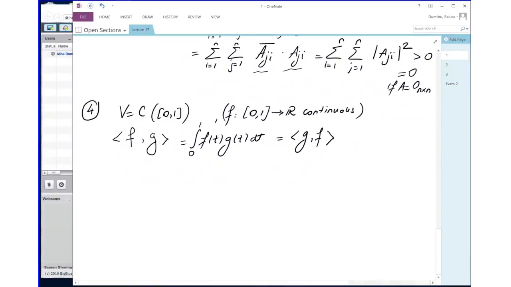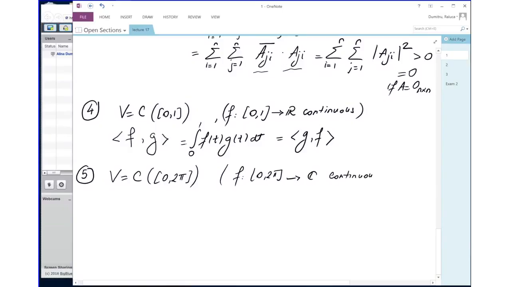Okay, if you want to expand this to an example where you would allow functions to have complex values, you can look at this one. Continuous functions defined on 0 to 2 pi with values in C, defined by 1 over 2 pi, integral from 0 to 2 pi.